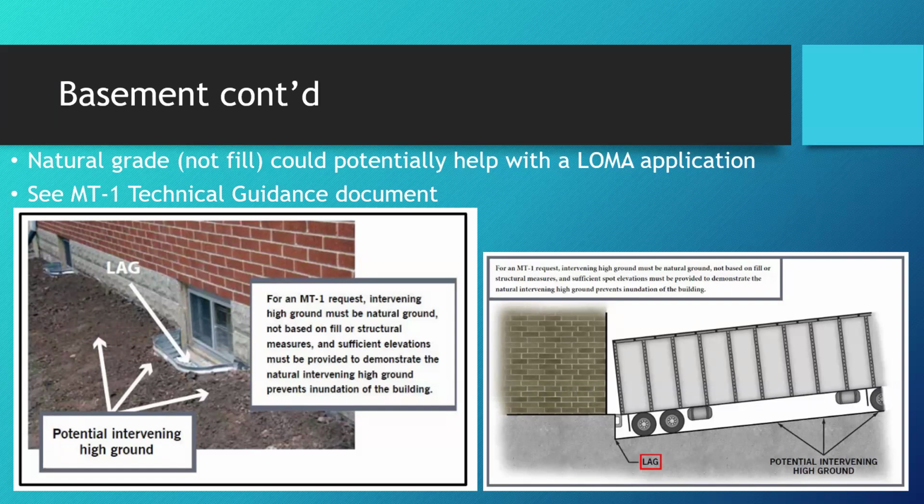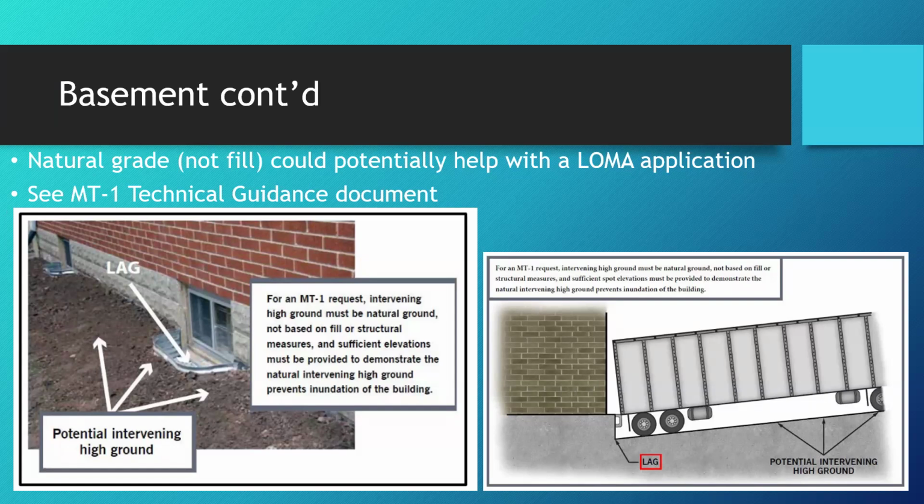In the other example, with the loading dock drawing, it could be potential intervening higher ground because the lowest adjacent grade is always going to be at the bottom of that foundation, so just at the base of that slab. I have been told that FEMA does not like it if it's covered in concrete rather than just natural earth and dirt.